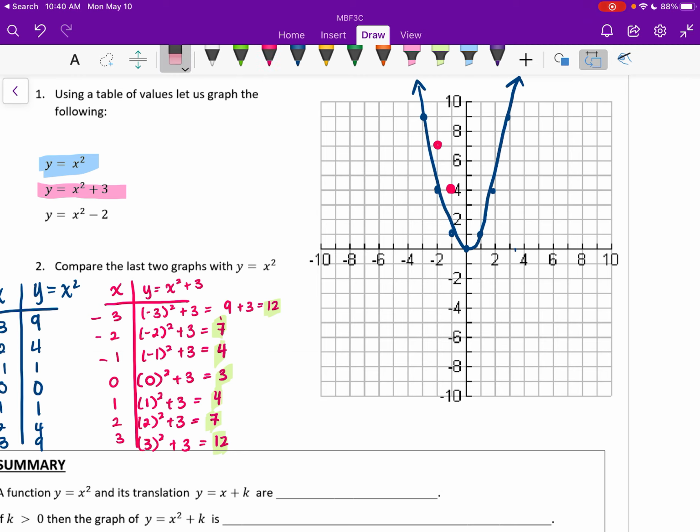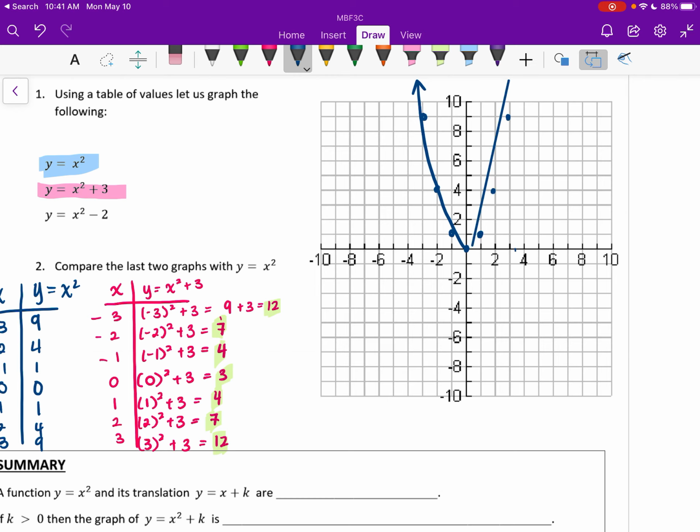Oops, sorry. This should be... -3 is 7. So -3, -2 is going to be 4, so it'll be here. -2 is 7, sorry. Oh boy, struggling so much right now. Just going to go back in and draw my chart again.